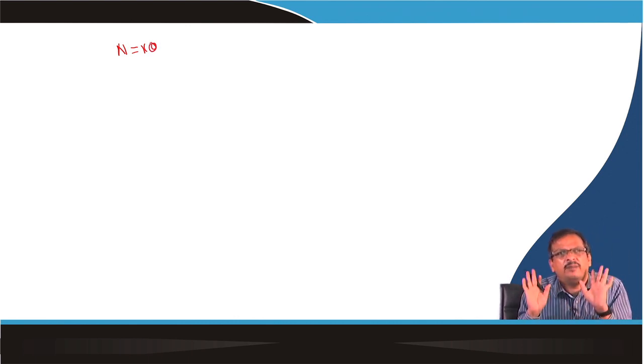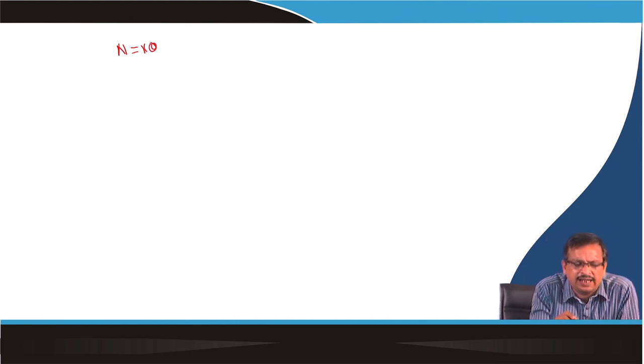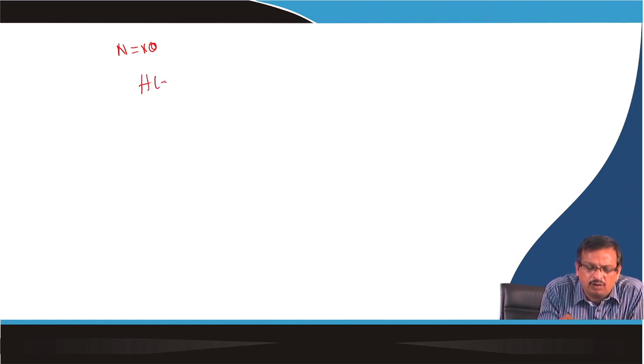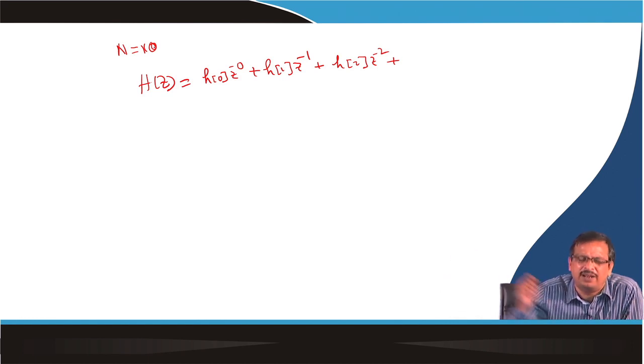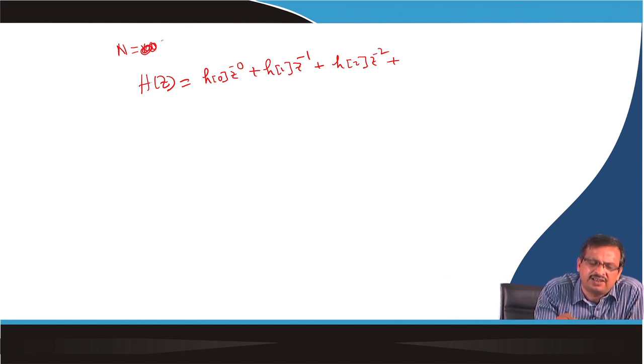So, n is an even number. So, I can say H(z) is equal to H0 z to the power 0 plus H1 z to the power minus 1 plus H2 z to the power minus 2 plus... let us say instead of 10, so I have to write many things, instead of 10, let us say it is 6.